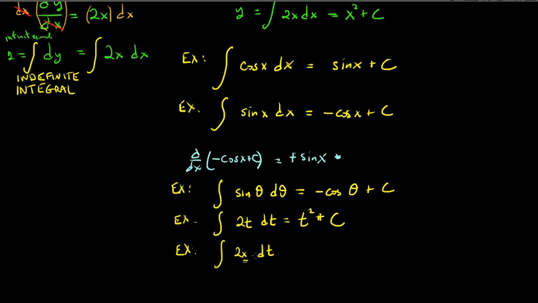Now, if it's not, let's say x is just a constant, right? With respect to t, x is just some number. In that case, the antiderivative would just be 2 times that number times t itself, right?